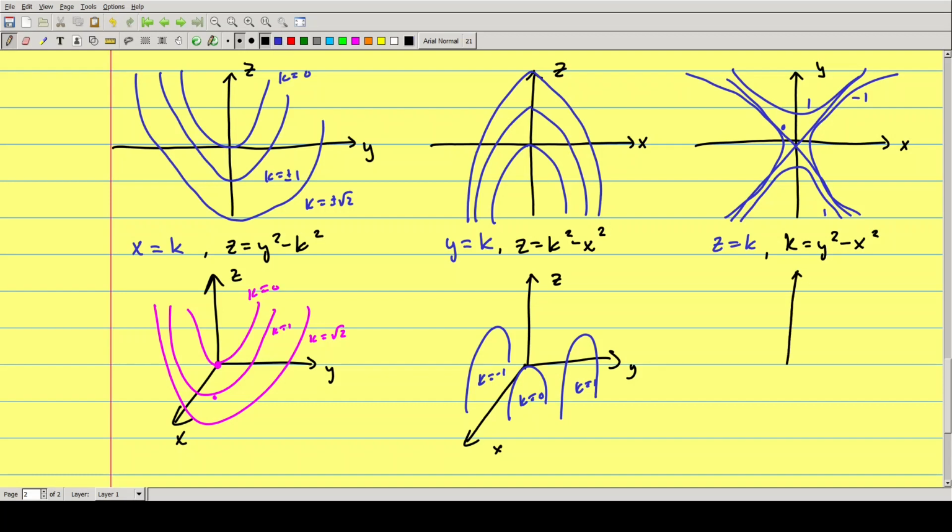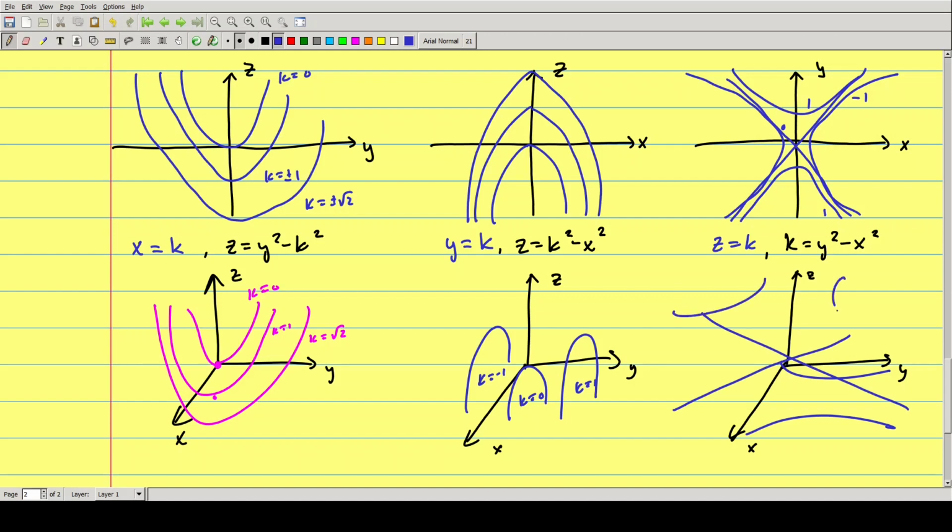And then lastly, we have the ones in the z direction. So these sit flat in the plane, level with the floor, and look like this.